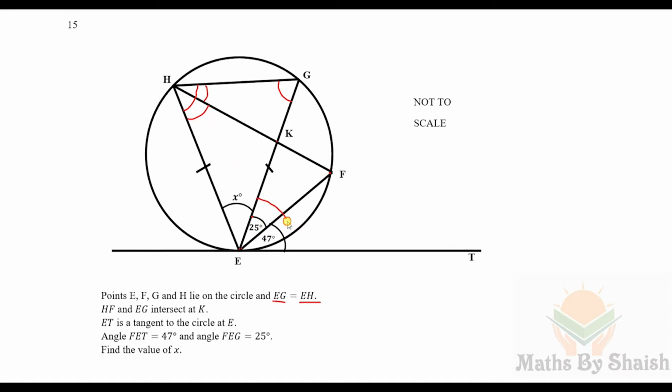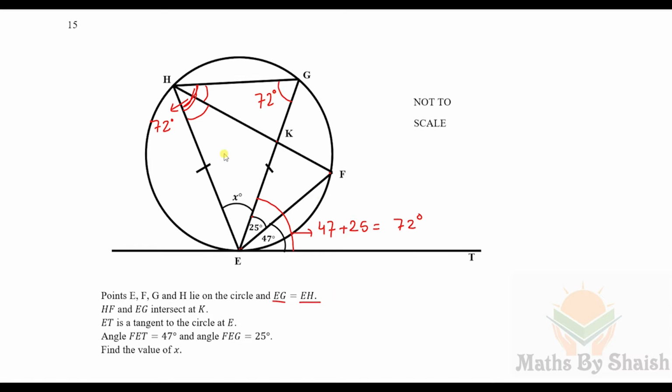Otherwise we can directly say this total angle is 47 plus 25 means 72 degrees. It means angle in this segment would be 72, means this total angle is 72 degrees. And since it is an isosceles triangle, so it would also be 72 degrees.